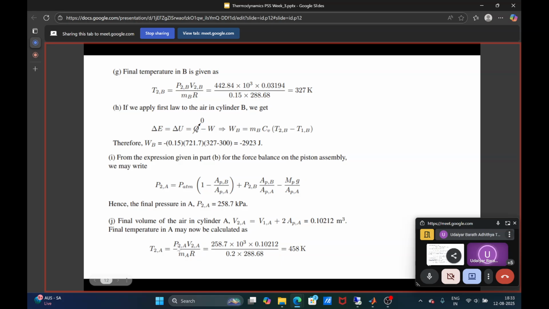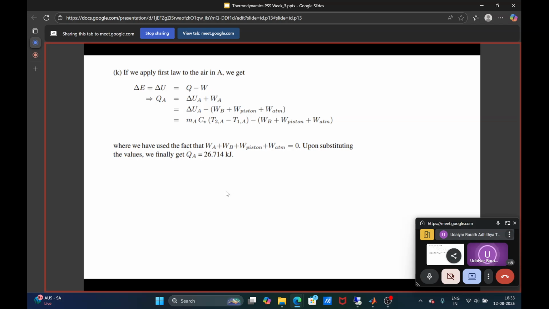So P2 into V2 divided by mAR. P2 is 258.7 kilopascal into 10 power 3, converted into pascal, into 0.10212 meter cube, divided by mass 0.2 and R 288.68. So that gives you a temperature of 458 Kelvin.